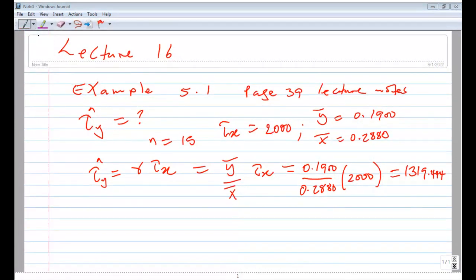Because number A, you have to estimate. Let's say you use a ratio estimator.